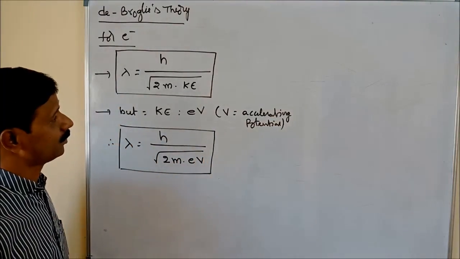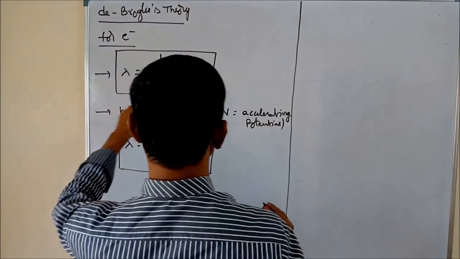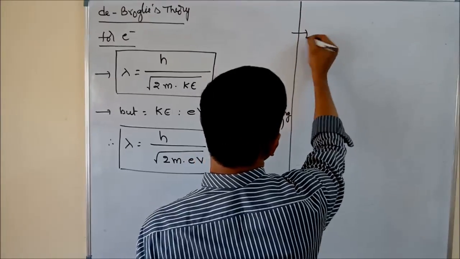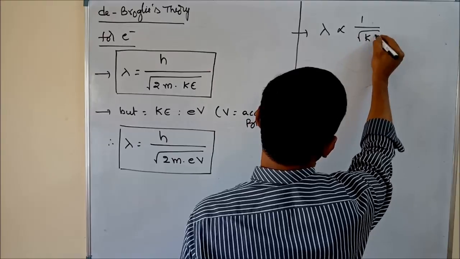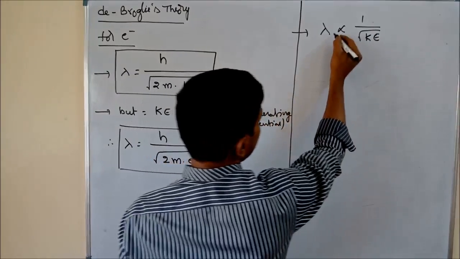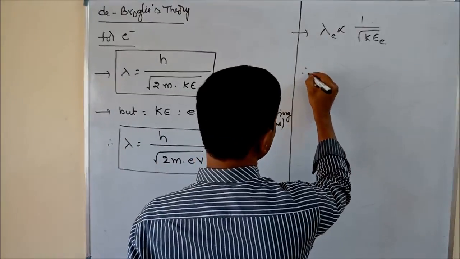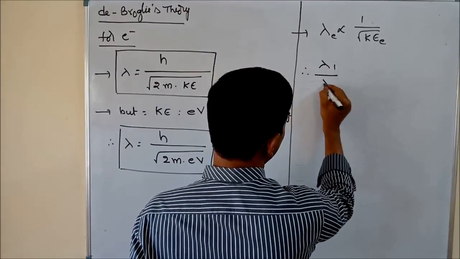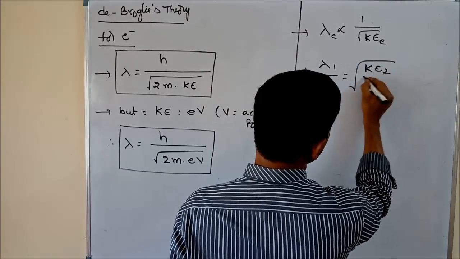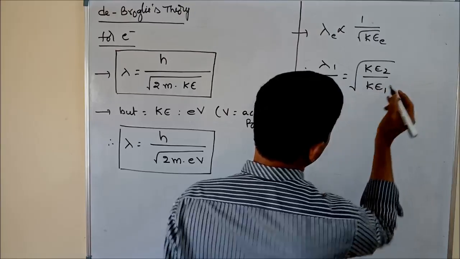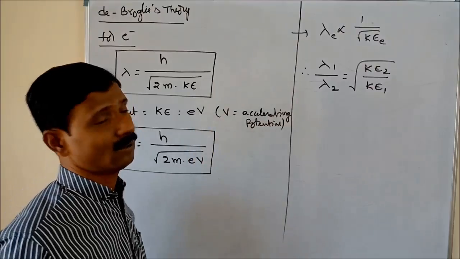If you observe the two relations, with two different kinetic energies, lambda is proportional to 1 by root KE for an electron, where KE is the kinetic energy of the electron. Therefore, lambda 1 by lambda 2 equals root KE2 by KE1. If they mention different kinetic energies for the electron, we have to go for that.